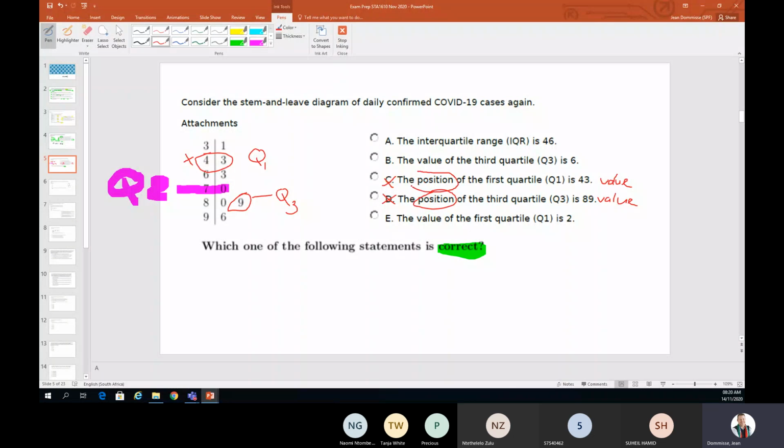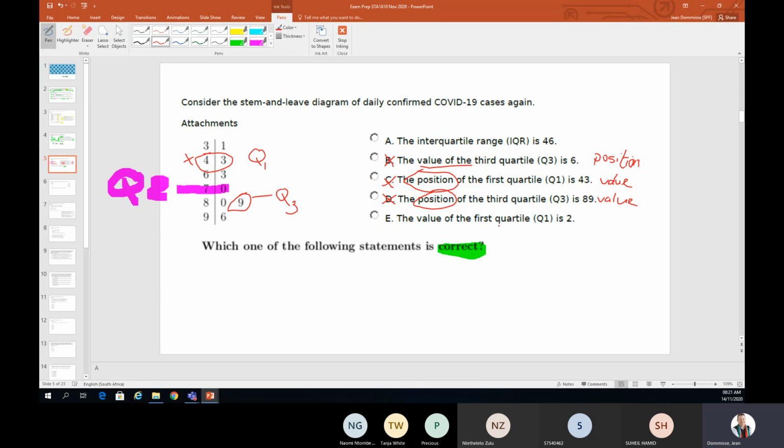So again, I don't want to first work out the interquartile range. I first want to check for other ones which are easier. The value of a third quartile Q3 is 6. No, that is the position. So that one is also wrong.